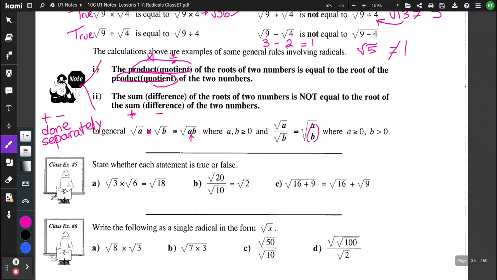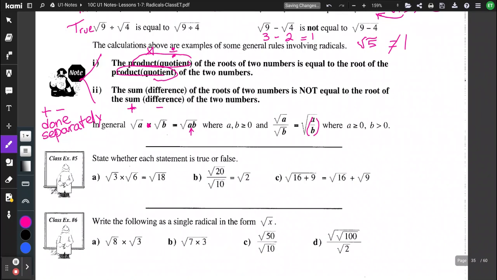Now, one thing we have to write down that we haven't written down yet is BEDMAS. In BEDMAS, root signs behave like brackets, which means you must solve them first. And that's what we need to remember.